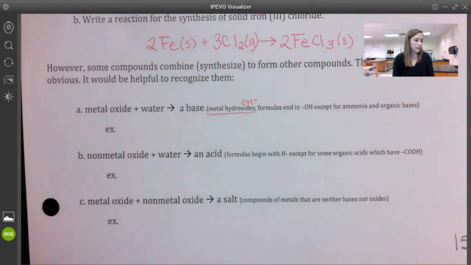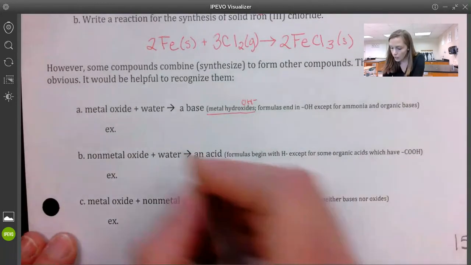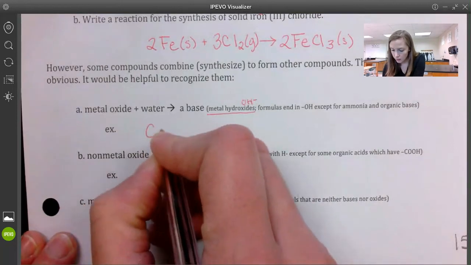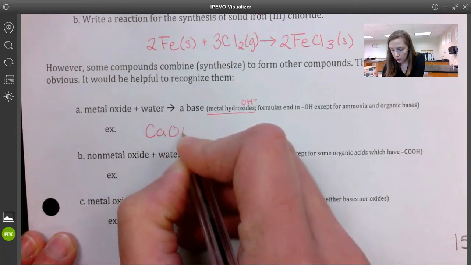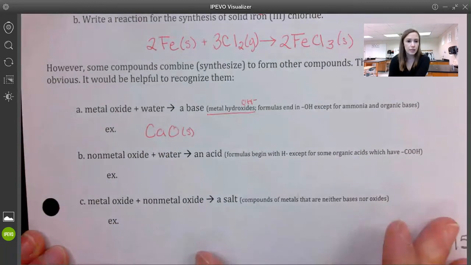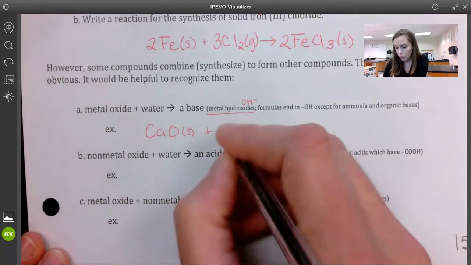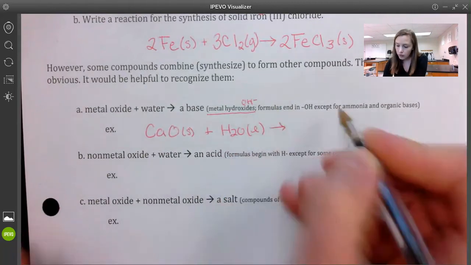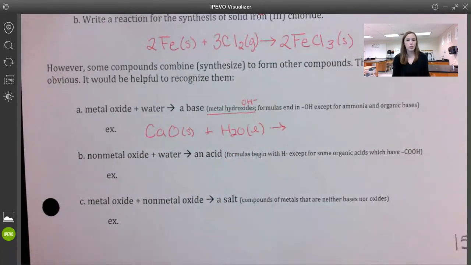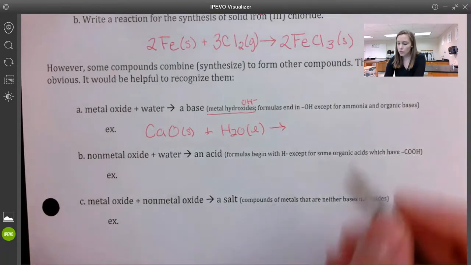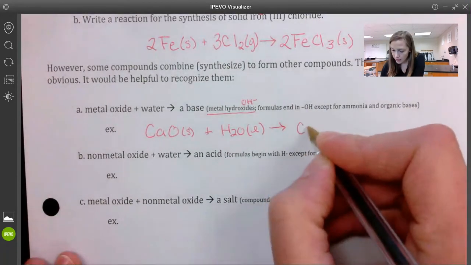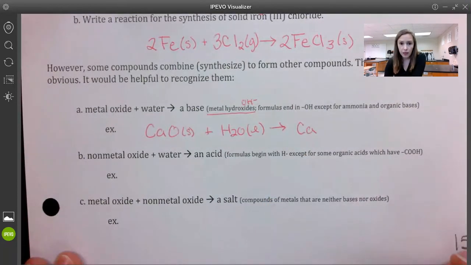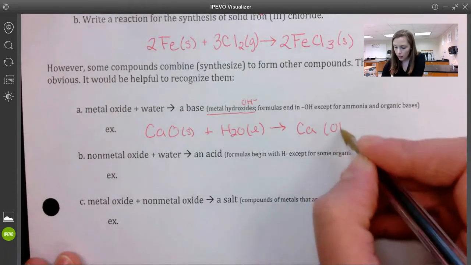So for example, on this one, we're going to use calcium oxide, which is ionic, so we're going to make it a solid here. And I'm going to react that with water, H2O, which is a liquid. This is going to undergo a synthesis reaction, so we're going to add these together. If you think about it, you have calcium, which is our metal, and then hydroxide is going to be OH.